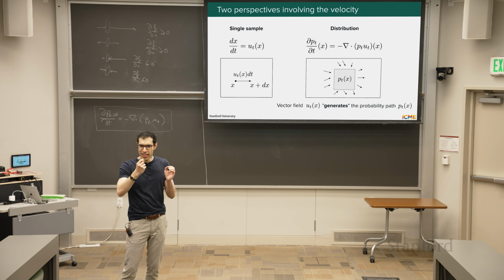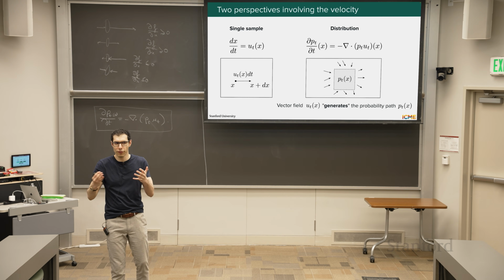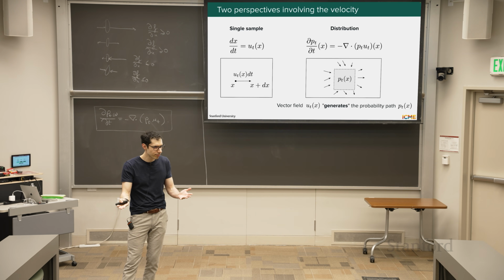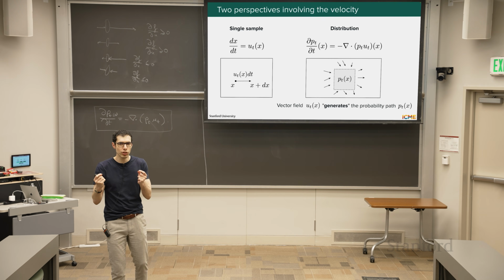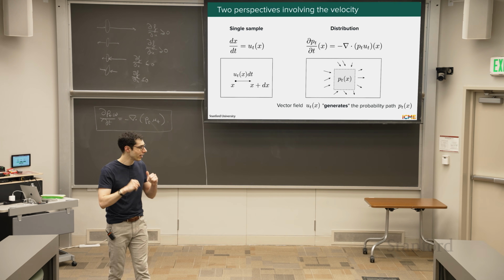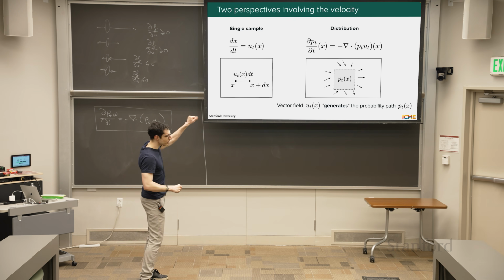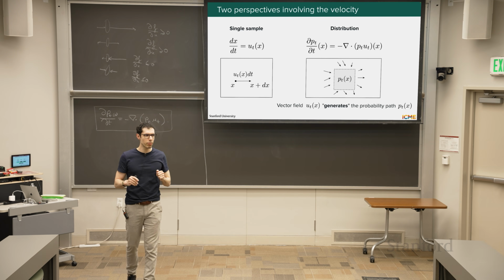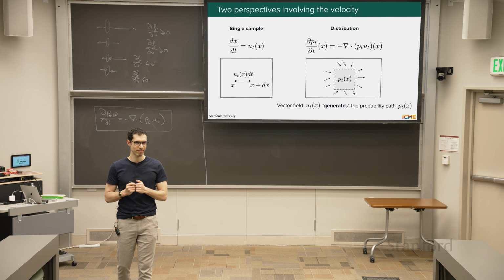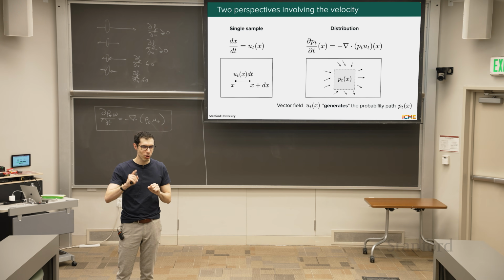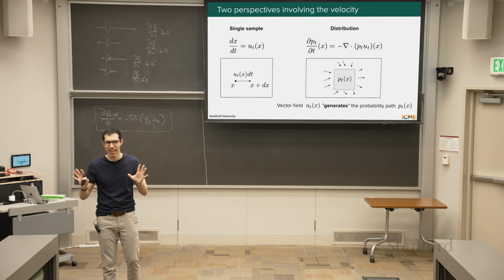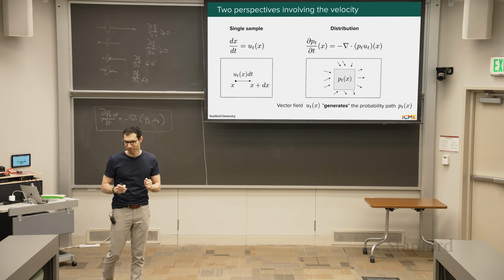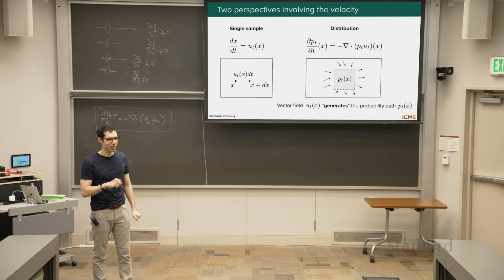And in order to find a probability path, we also need to find the associated vector field that will allow us to actually do the mapping, because that vector field is in the single sample perspective. So that's the idea. We're going to see it in other words in a little bit, but this is the intuition behind flow models. Okay, any questions on this? Everything is clear so far?